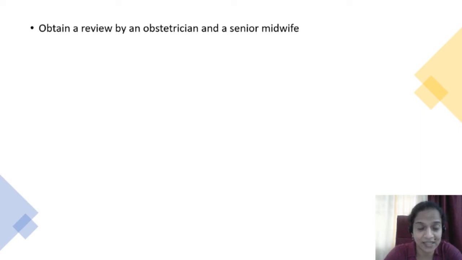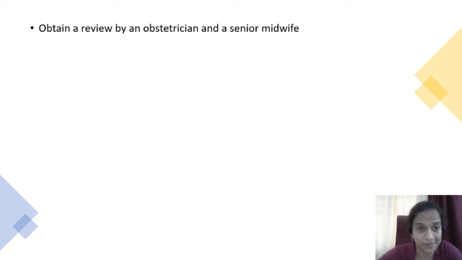In such a case, if there is a pathological CTG in the other room, you could send your senior midwife, because the NICE guidelines mention that a case of pathological CTG has to be reviewed by an obstetrician and a senior midwife. So if you think that you would require to deliver urgently, you could send your senior midwife initially and request your consultant to review her along with the senior midwife.